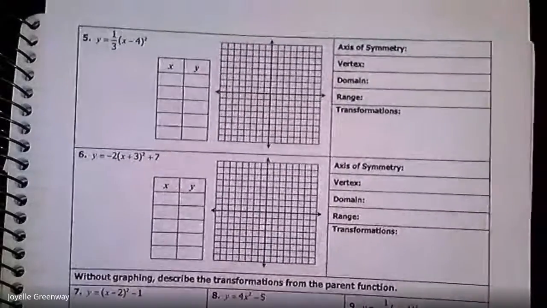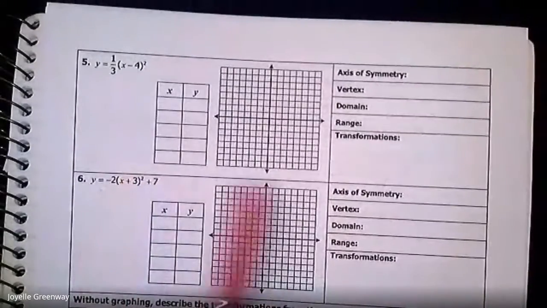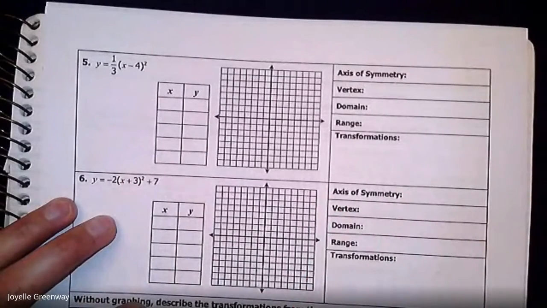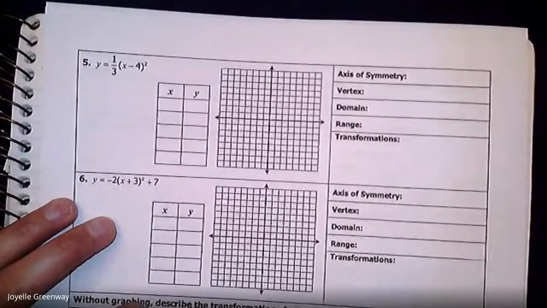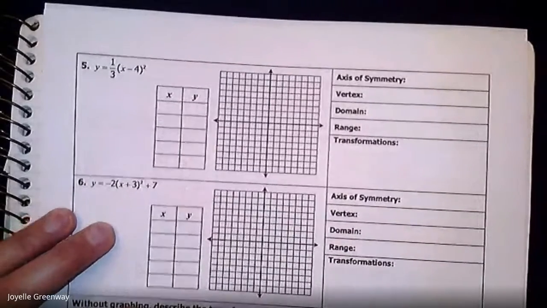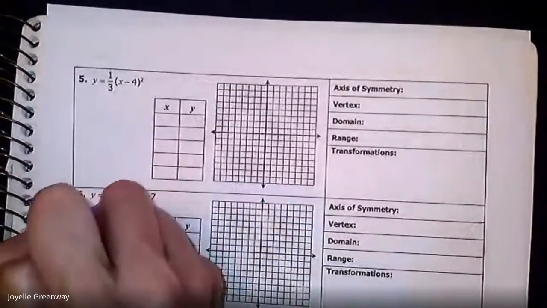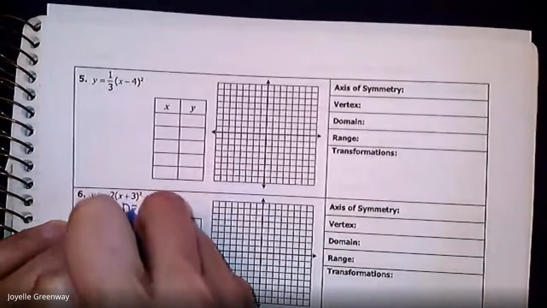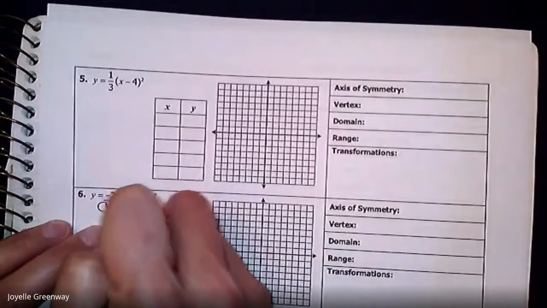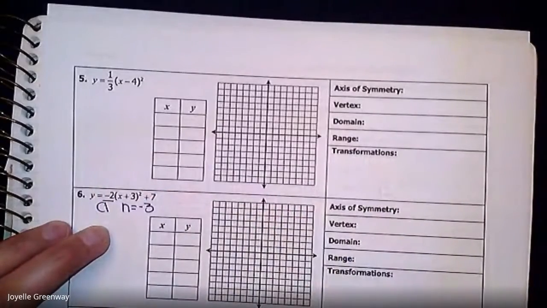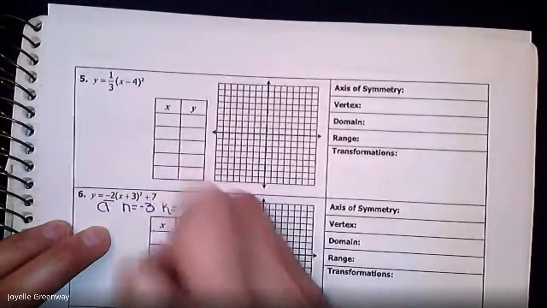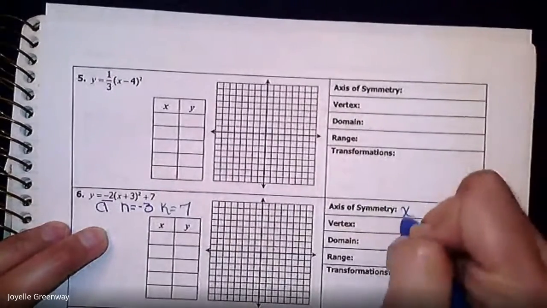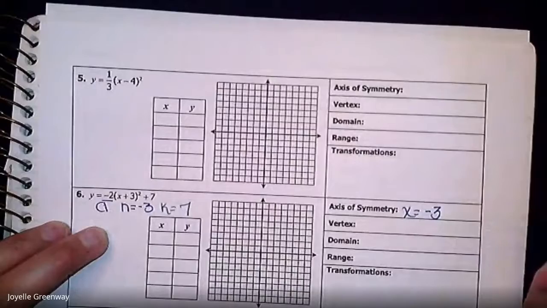So number 6, our axis of symmetry is at x equals, so first our a is negative 2, our h is negative 3, and our k is 7. So our axis of symmetry is at x is equal to negative 3.